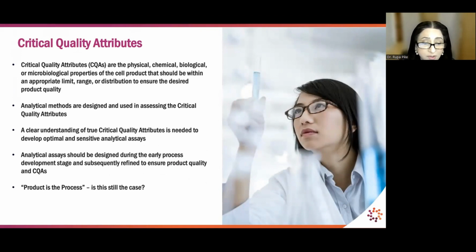Critical quality attributes, or CQAs, are the physical, chemical, biological, or microbiological properties of the cell product that should be within an appropriate limit, range, or distribution to ensure the desired product quality. This is the definition for critical quality attributes. And as you can infer from that, critical quality attributes and product quality are intricately connected, and analytical methods are used to assess critical quality attributes. So that is the connection between those two.